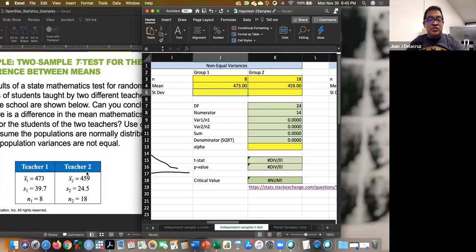So the standard deviation that we are going to use here is 39.7, and in the second is 24.5, right? So as you can see, all these things are being populated. So we have a T statistic that is 0.92. So remember, this is a two-tail test. I wrote this Excel code, T.INV.2T.